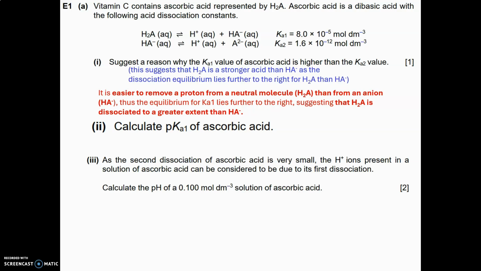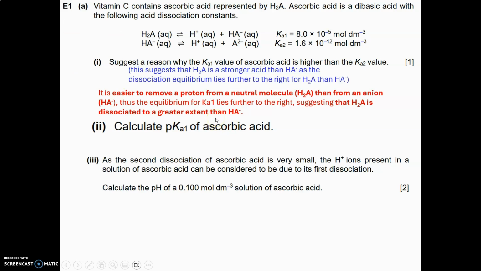So you'll need additional energy to overcome this attraction, which makes it more difficult to remove the proton from HA-. So because it's easier to remove the proton from H2A than from HA-, the dissociation equilibrium for Ka1 lies further to the right, and this tells us that H2A is dissociated to a larger extent than HA-.